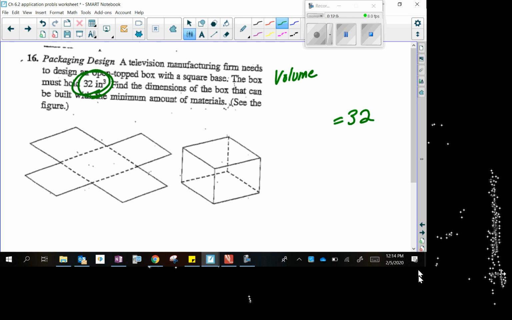If it's cubic inches, you need an exponent of 3. Cubic tells you that you're talking about 3 different values. So what do we know about the base of the box? It's square. So if one side is x, what are all the other sides? x.